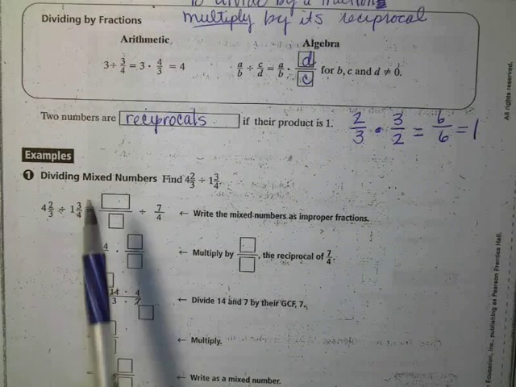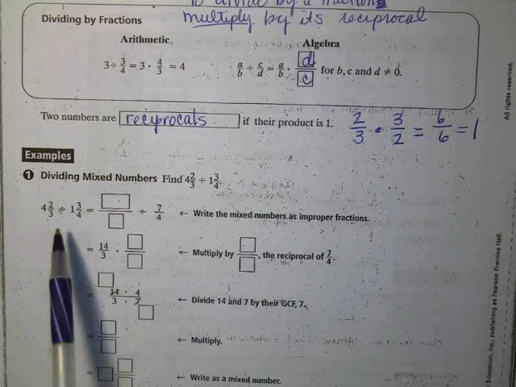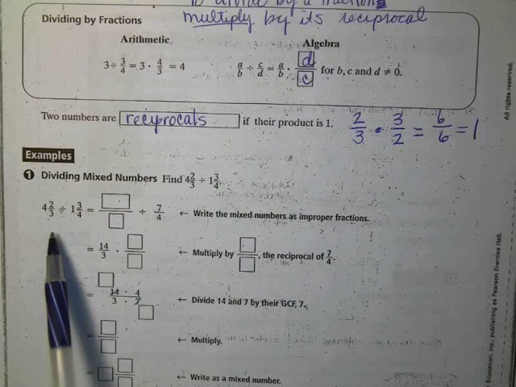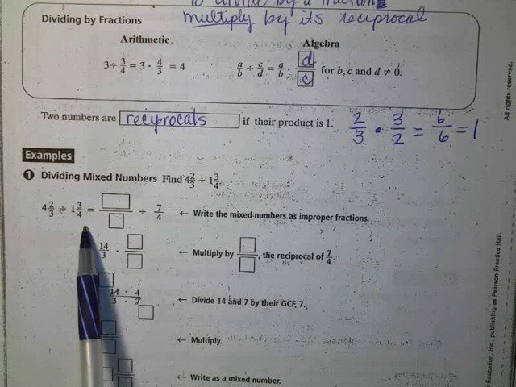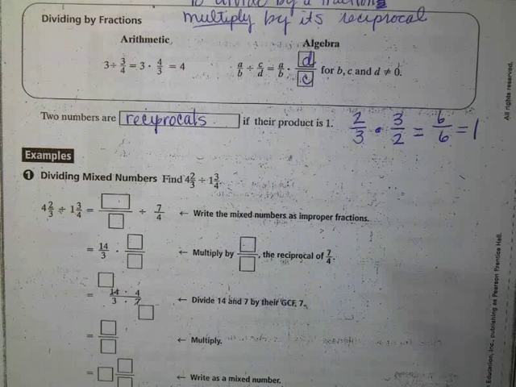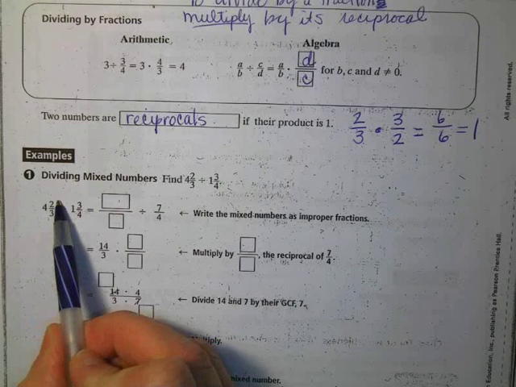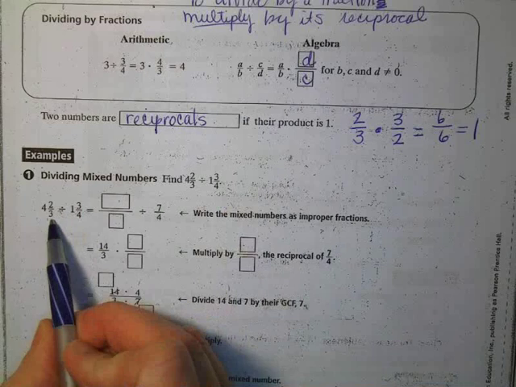Okay, so here we go. If we want to divide with mixed numbers, we have 4 and 2/3 divided by 1 and 3/4. First thing we want to do is write the mixed numbers as improper fractions. We've studied how to do this quite a bit. I'll review though. It's the denominator times the whole number plus the numerator.